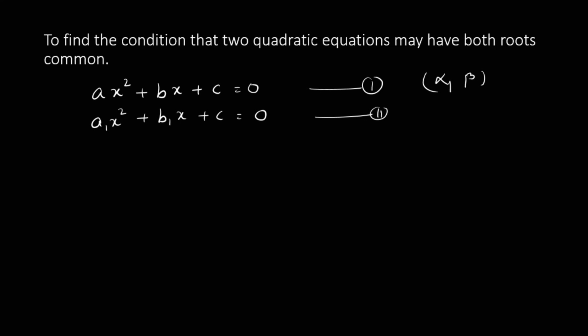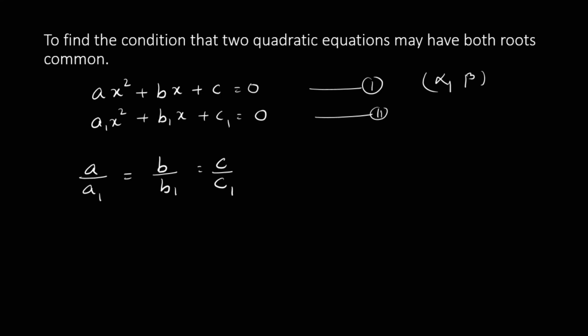So both equations have some proportion, that is the coefficients a over a1 is equal to b over b1, and this is equal to c over c1. So this is the condition that two quadratic equations may have both roots common. In this case, both equations represent the same curve multiplied by some constant number.